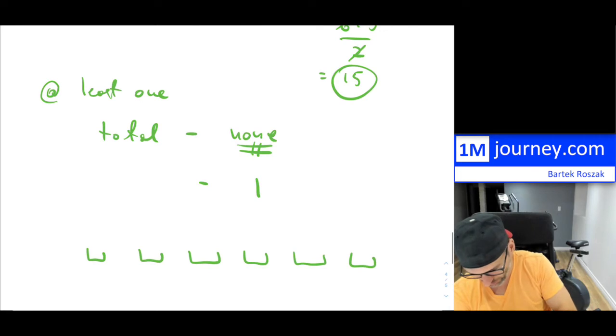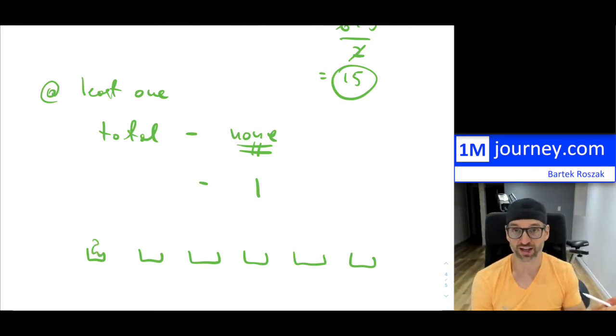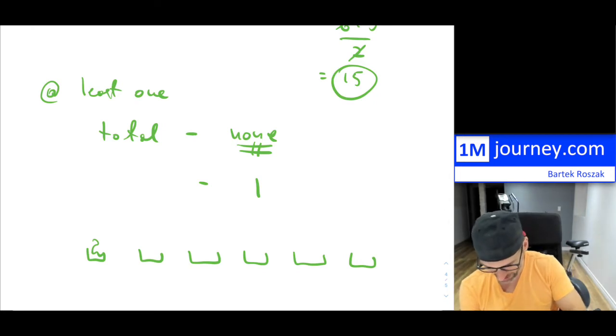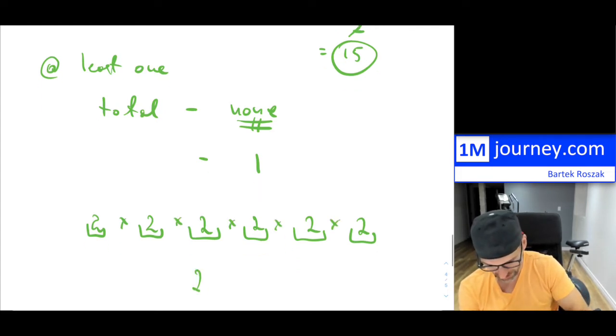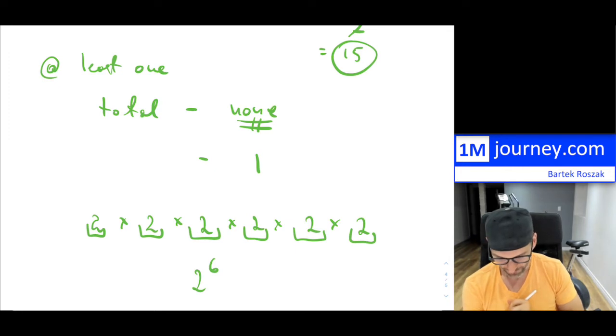So it can be boy or girl. So we have two choices, right? We're assuming that it's 50%. You know, it's not swayed in any way. So 2, 2, 2, 2, 2, and 2. Okay, so this is basically 2 to the 6. All right, so those are all the possibilities. So 1, 2, 3, 4, 5, 6. Yep, that's correct. And 2 to the 6, I guess, is 64.